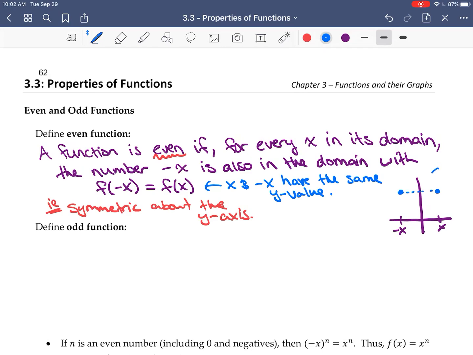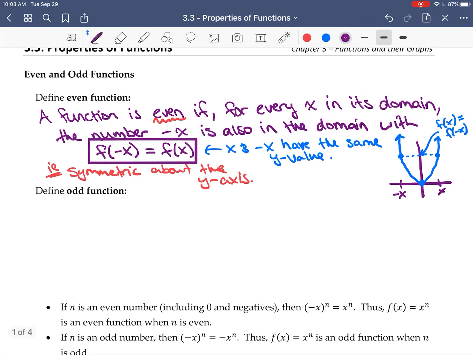So this y value is f of x and f of negative x. A parabola centered at the origin would be an example of an even function. Maybe let's just put this in a box because it is the most important bit.